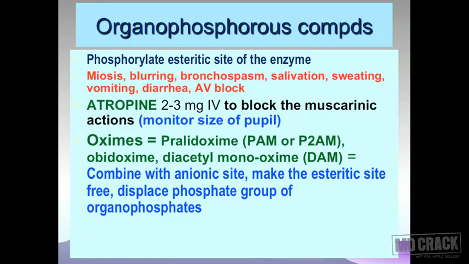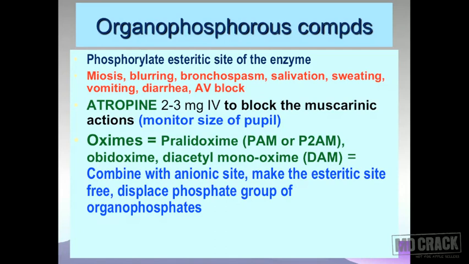What are they doing? As we said on the first slide, they combine with the anionic site. The anionic site is free. The organophosphorus compound has combined with the other site, that is the esteratic site. So the anionic site is free. The oximes go and combine with the anionic site, produce a change, and make the esteratic site free.